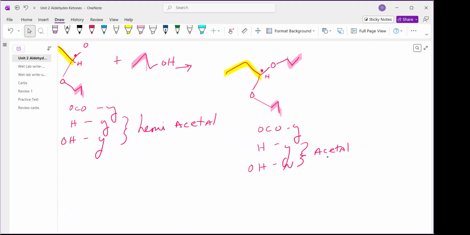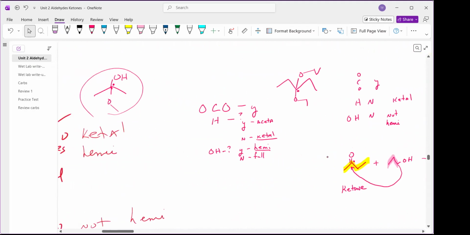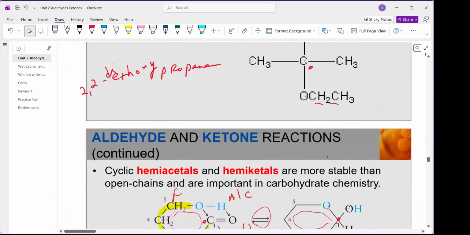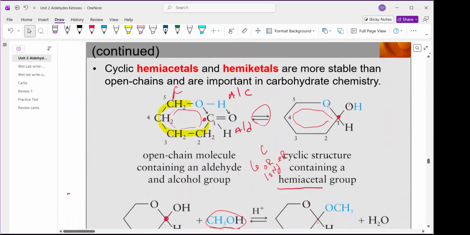Think of a scorpion. A scorpion can bite itself if its tail is long enough. Same with these molecules. So if the molecule contains both an alcohol, an OH, and an aldehyde or a ketone, we can have the same reaction.